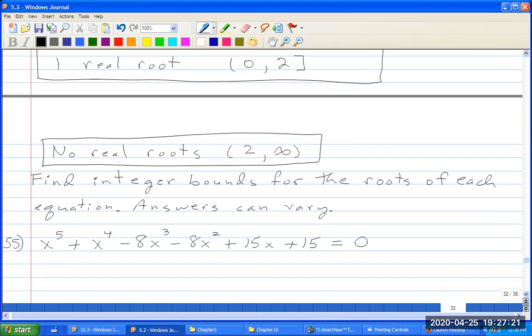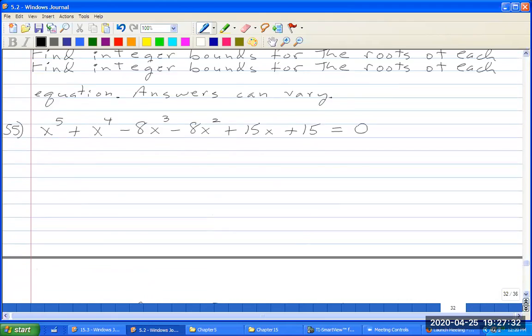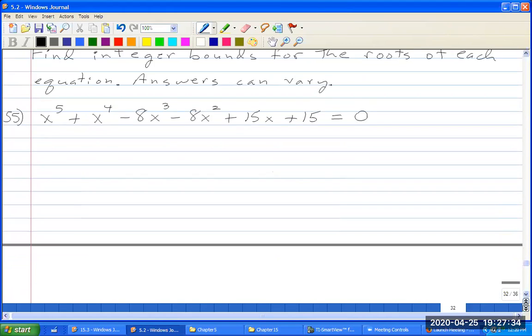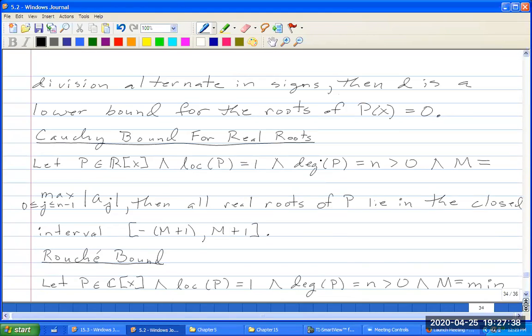Okay, good. Oh, some integer bounds. I should have done it after this.